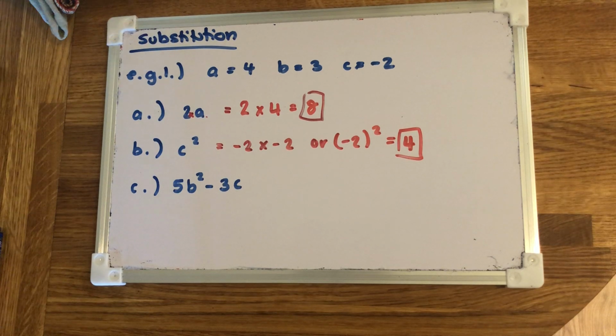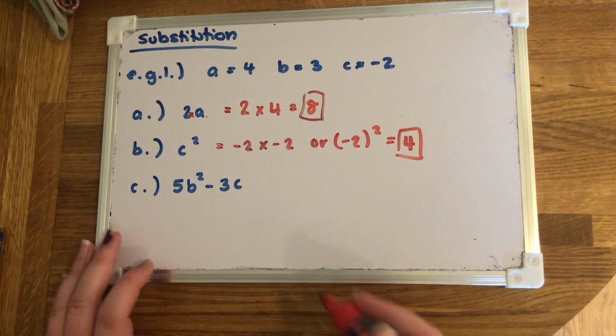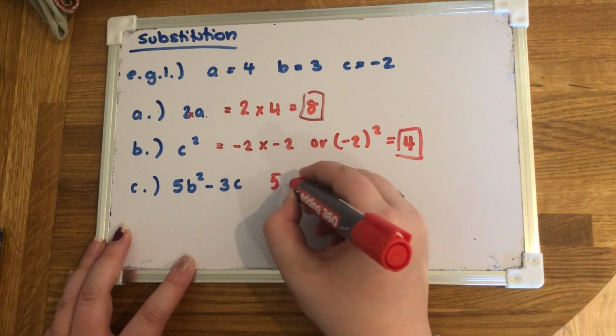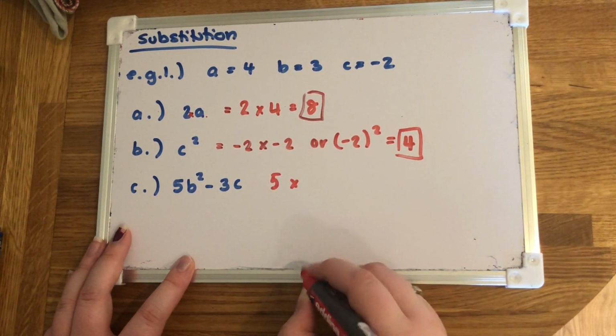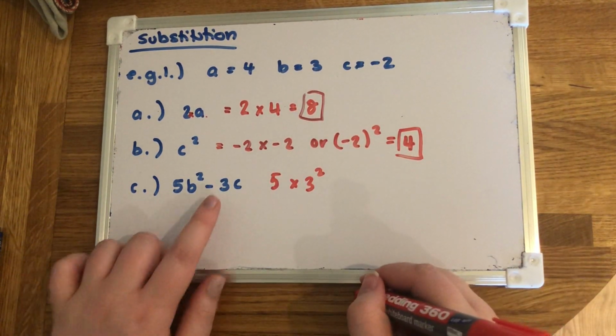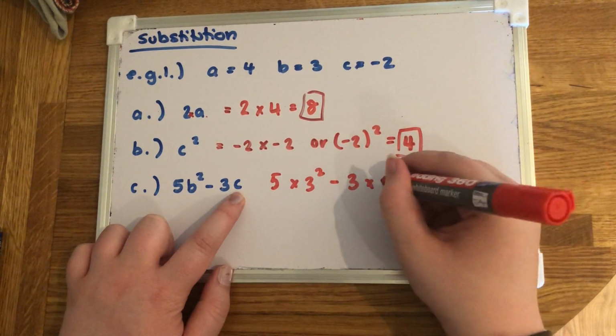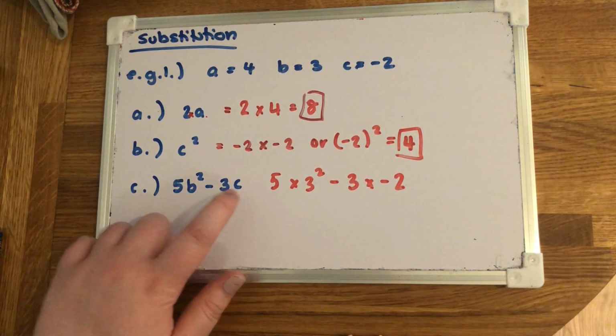Okay, and the next one is a little bit trickier, but we just got to do it step by step. The first thing I would do is always just replace the letters with the numbers, and then simplify it afterwards. So we've got 5 times whatever B is squared, so B is 3 squared, then subtract 3 multiplied by whatever C is, which is -2.